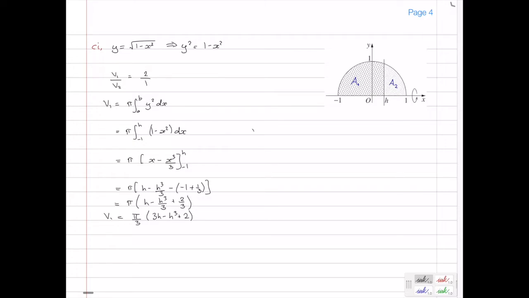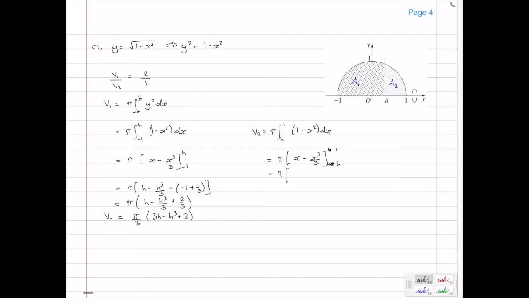Let's do the second volume on the side here. Pi times the integral. Now this one's going from h to 1, so from h to 1 of 1 minus x squared dx. Now this is exactly the same integral, just different bounds. X minus x cubed on 3. Why have I put, see, I've just looked at the other one, that should be h to 1.